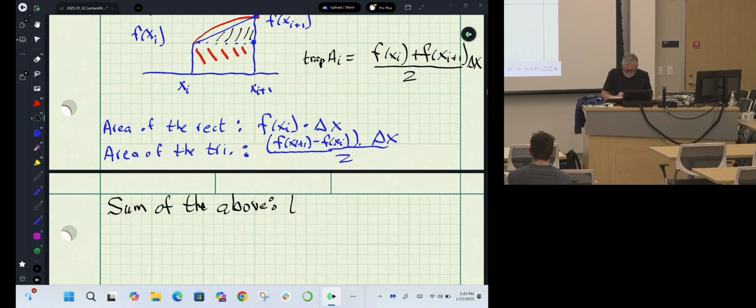Okay, so if we sum up the two, we get the trap area, as I'm going to call it. So this is 2 times f of x sub i over 2 plus f of x sub i plus 1 over 2 minus f of x sub i over 2. That's what gives us the plus f of x sub i over 2. So yep, it works out.